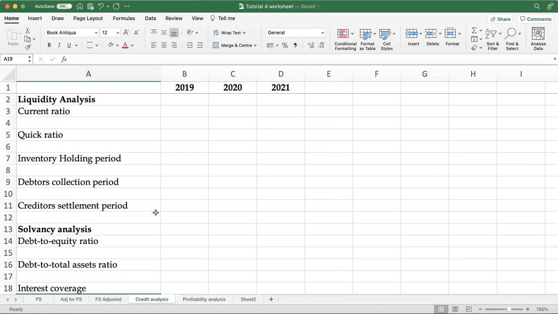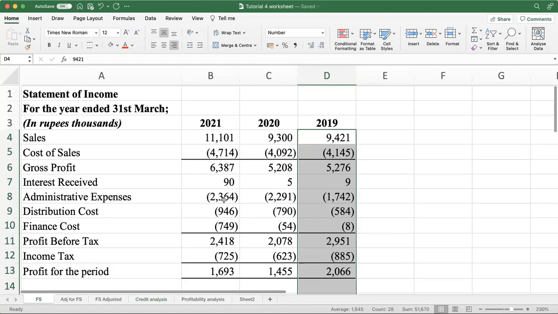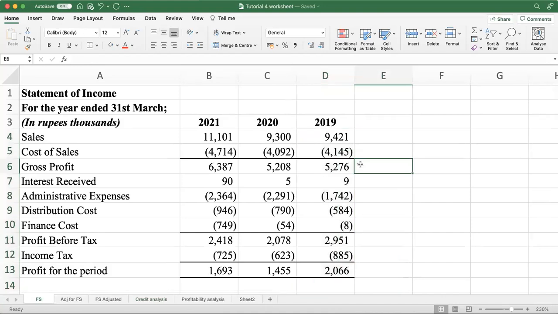Right. Now here we have learned that the financial statements as given are not suitable for the analysis. So we need to do accounting analysis before the financial analysis, before doing any profitability or credit analysis.